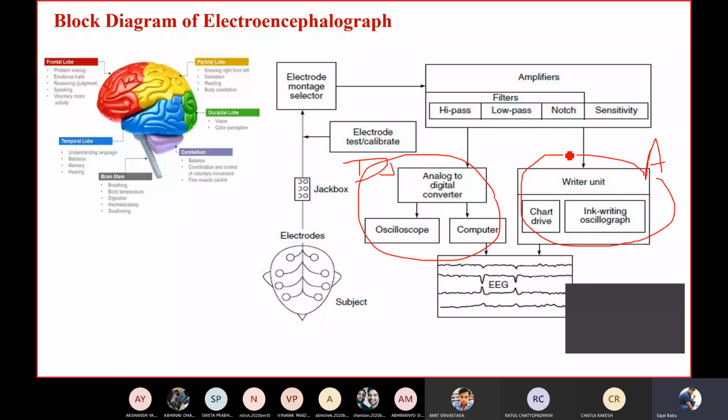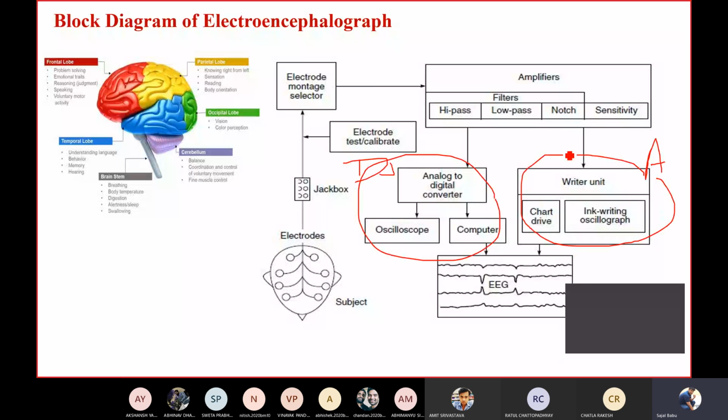So what we are going to discuss here is the analog type of EEG machine. What is the analog type of EEG machine going to do here?